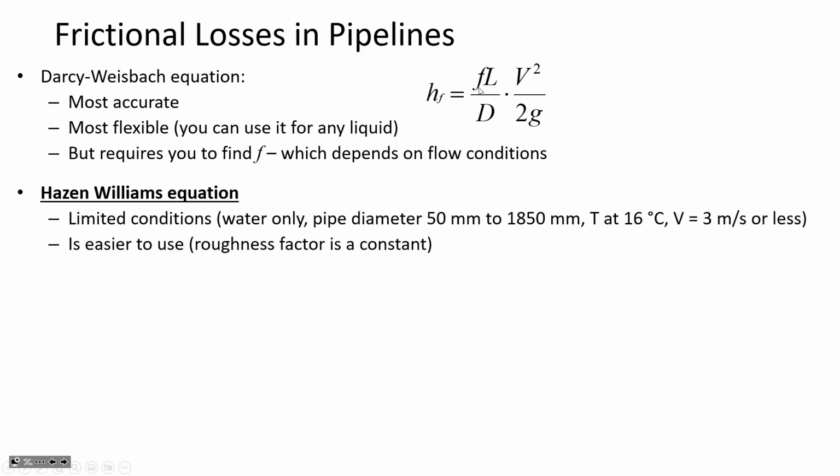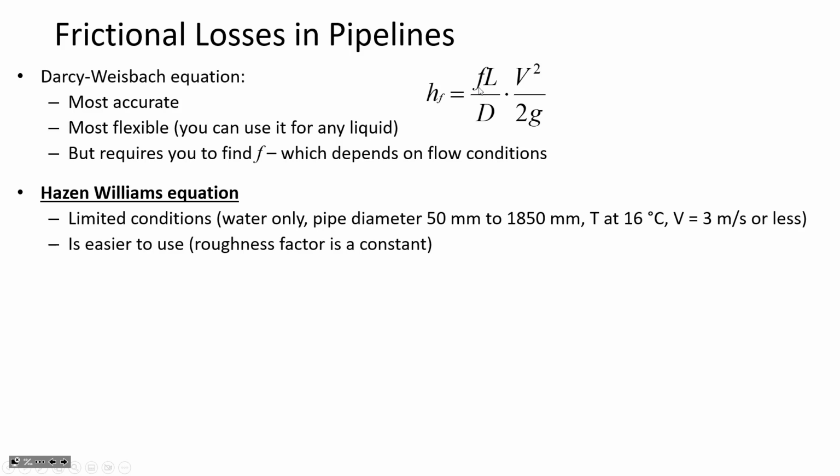If, however, you're doing hand calculations or you're out in the field and you need to estimate head loss due to pipe friction, then the Hazen-Williams equation is a good compromise. A lot of designs have been, in the past, based on the Hazen-Williams equation because it hasn't always been as easy as we've got it now to estimate the f value.